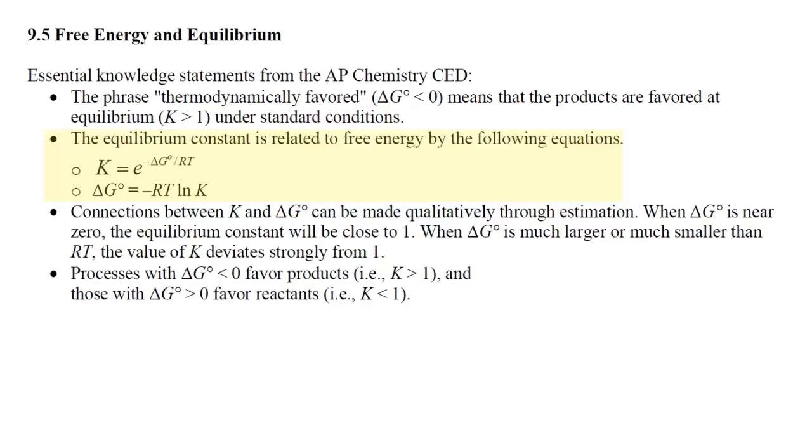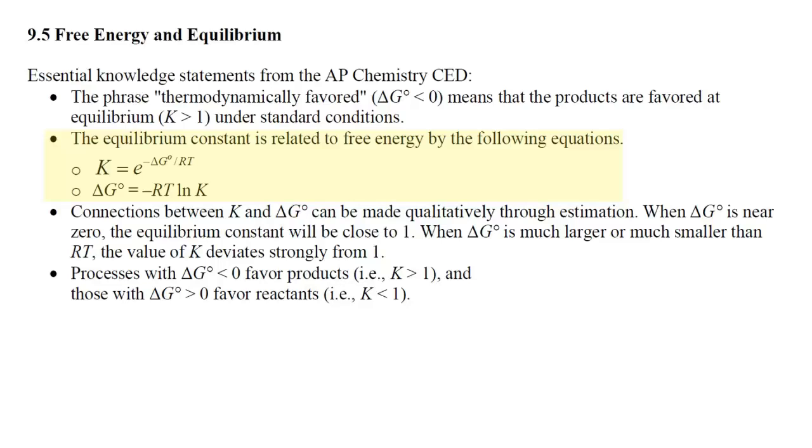So if you take that second equation and rearrange it to solve for the equilibrium constant K, what you get is that K is equal to the letter e, the base of the natural log, raised to a certain power. And that exponent is actually a ratio. That exponent is negative delta G divided by RT.